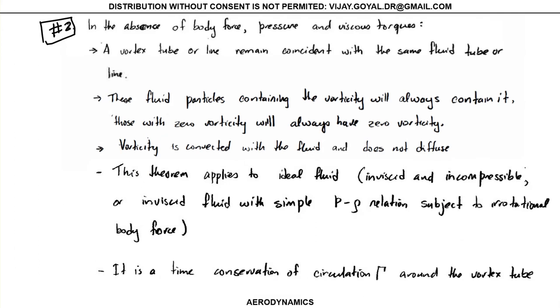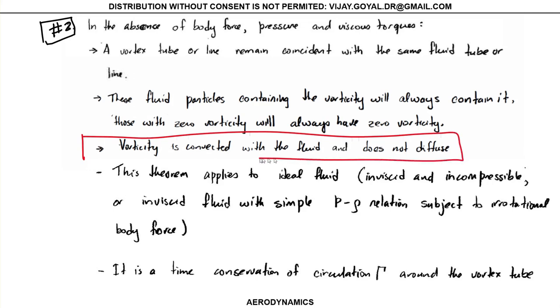The second theorem also applies, because this theorem tells me that the vorticity is convective with the fluid and does not diffuse. This is the most important aspect of this. This theorem will apply specifically if this is an ideal fluid, which we can assume it is, and also that the vortex tubes and lines remain coincident with the same fluid in the tube, which is also true.